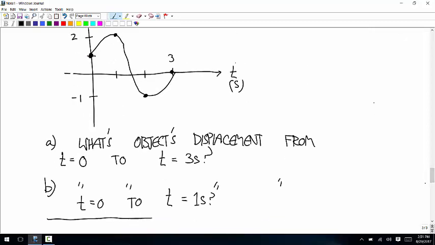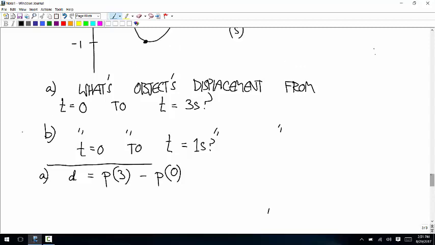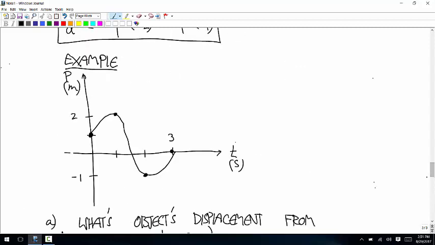Okay, so for part A, the displacement is going to be the position at the later instant, 3 seconds, minus the position at the earlier instant, 0 seconds. Looking at this graph, what's the position at 3 seconds? 0?